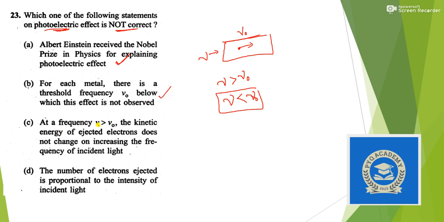Then at frequency nu greater than nu 0, the kinetic energy of ejected electrons does not change. No, it will change if you apply a frequency greater than the threshold frequency. Next, the number of electrons ejected is proportional to the intensity of incident light. Yes, this is also true. So the question was asking about not correct, so option C is not correct, so option C is the answer.